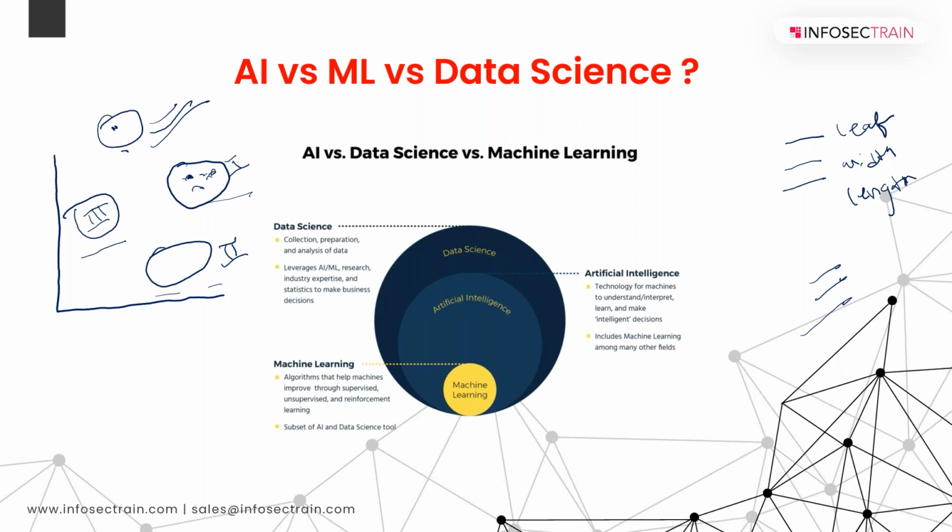Okay. Now, after that, the next thing we have is machine learning. If we talk about machine learning, it is a subset of artificial intelligence, right? It is the means by which a system can automatically learn and improve from experience.